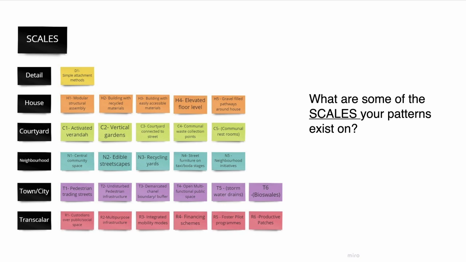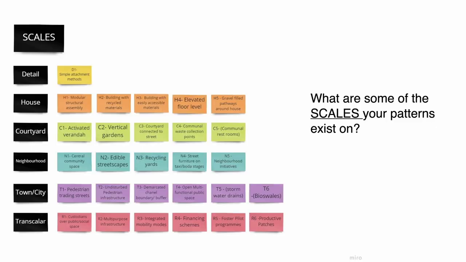Some of you can already guess what scales your patterns exist on, right? For example, the pattern of the paths, which many groups had, that's on the street scale, right? These are scales I use, but general scales in urban design or urban planning.